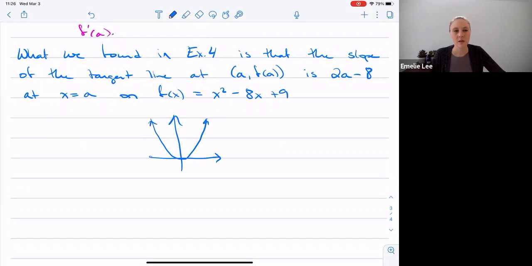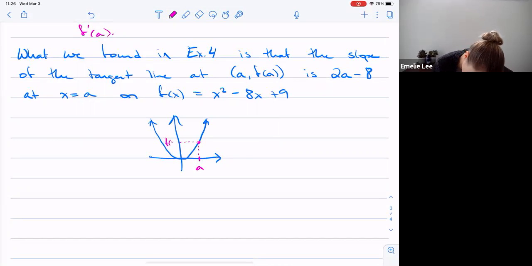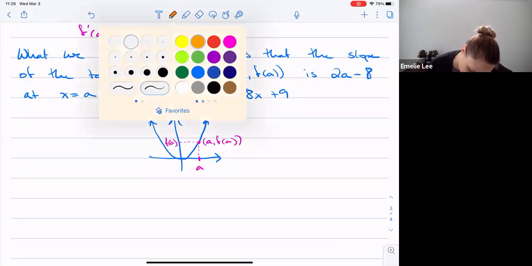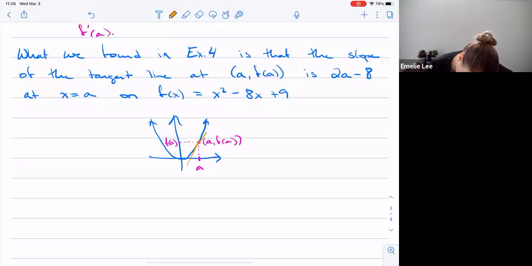If I pick a point A here, then this point is at (A, f of A), x and y. And the slope of the tangent line, which is the line that goes through only that one point (A, f of A), is f prime of A.